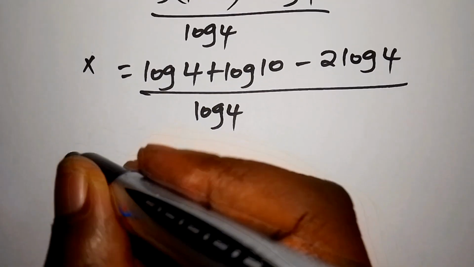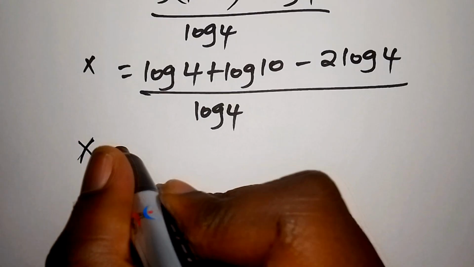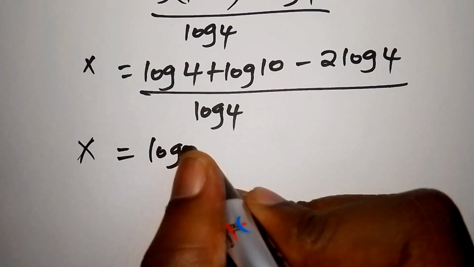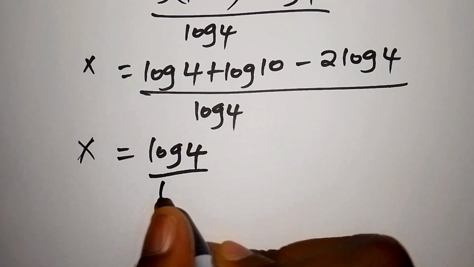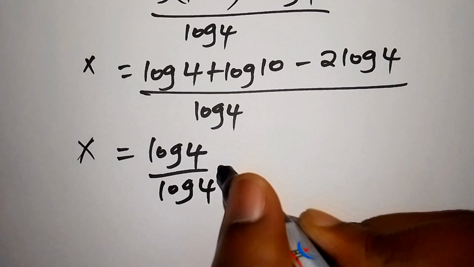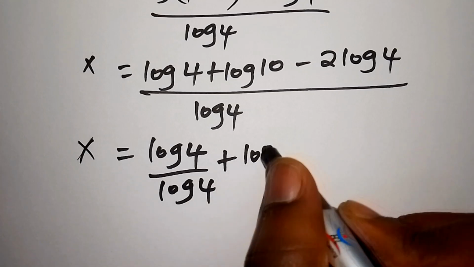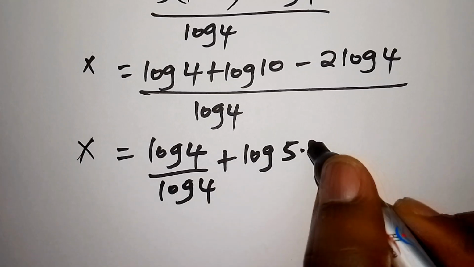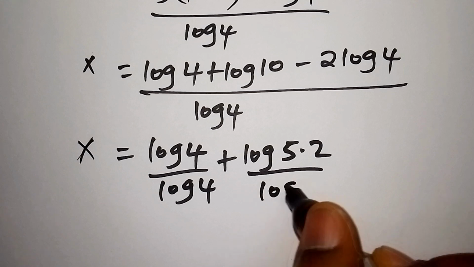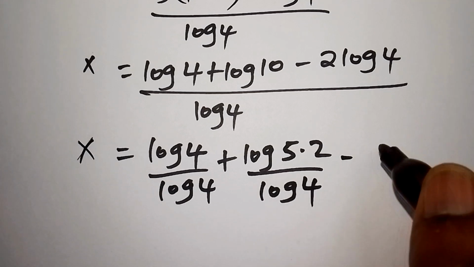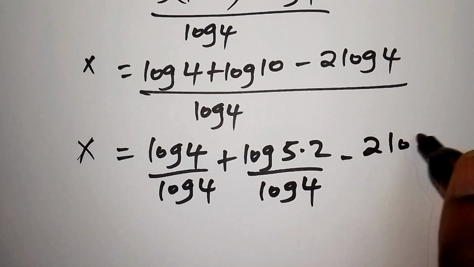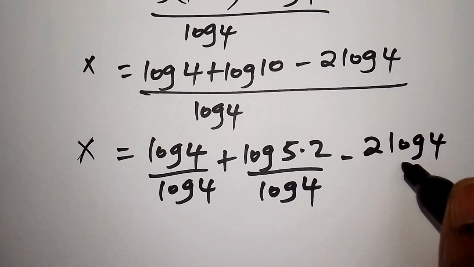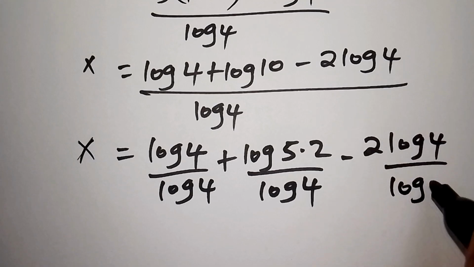So here we shall say that the value for x is equal to log 4 all over the log of 4, then plus, log 10 we can still have it as the log of 5 multiplied by 2, all over the log of 4, then minus 2 the log of 4, all over the log of 4.